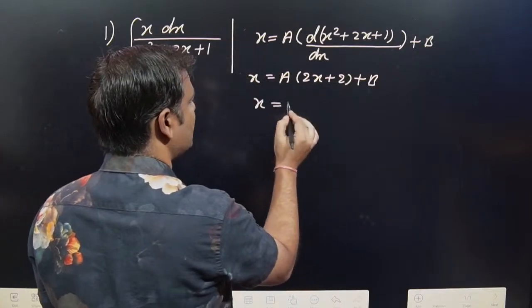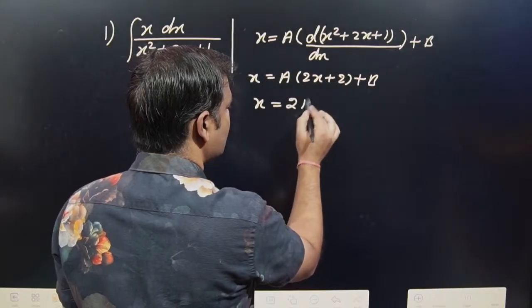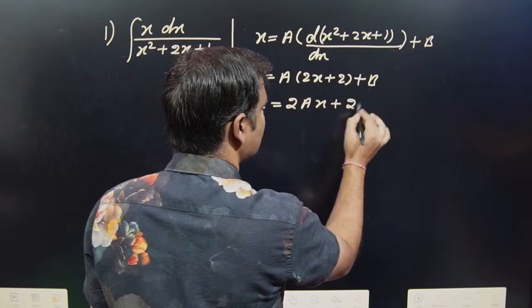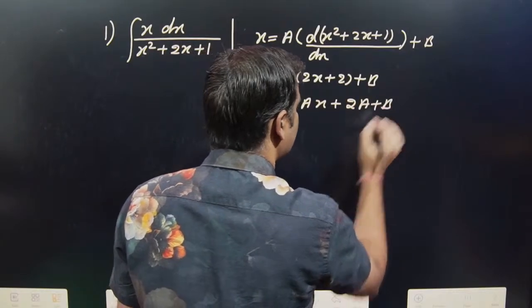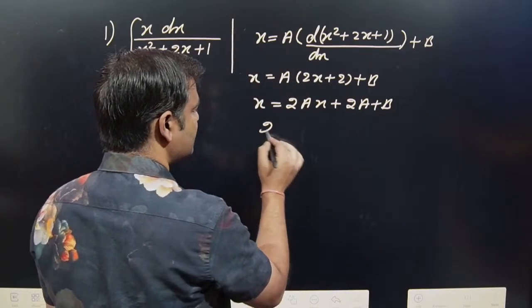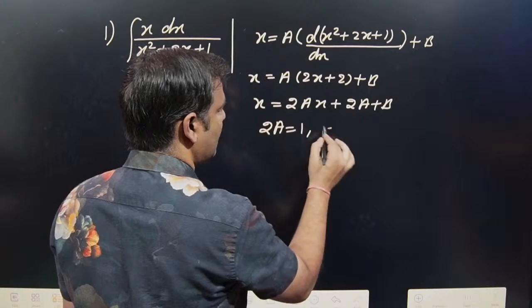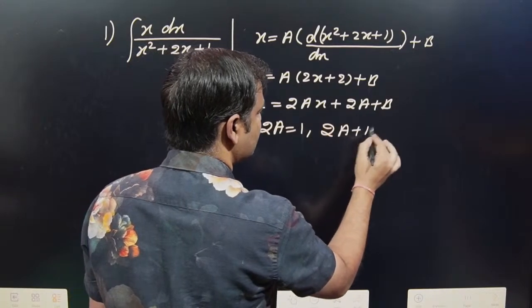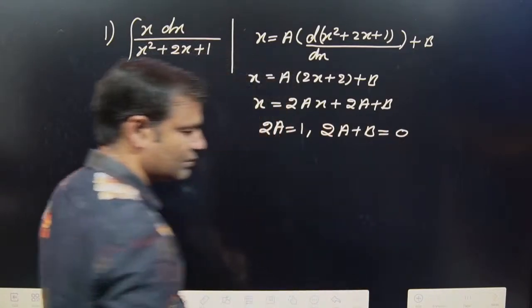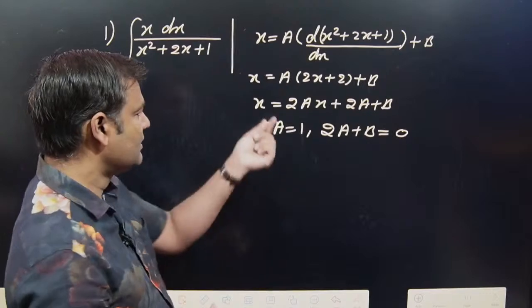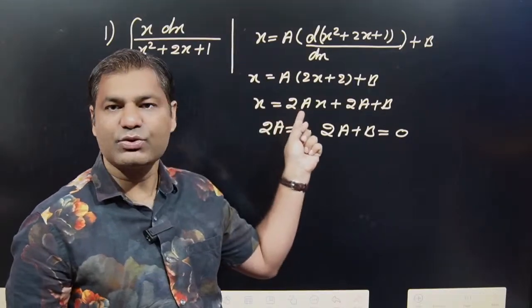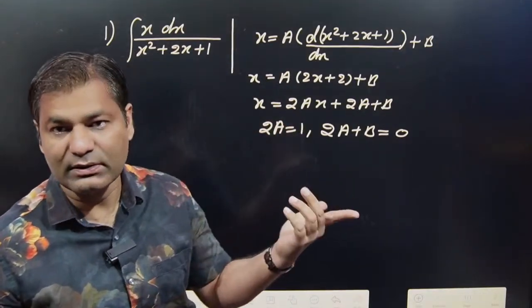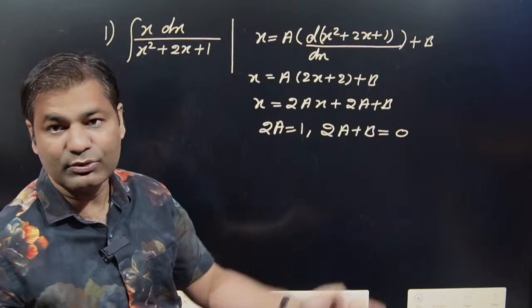So x equals 2a into x plus 2a plus b. So 2a equals 1, and 2a plus b equals 0. Simply, the coefficient of x on this side is 2a, on that side the coefficient of x is 1, so 2a equals 1.